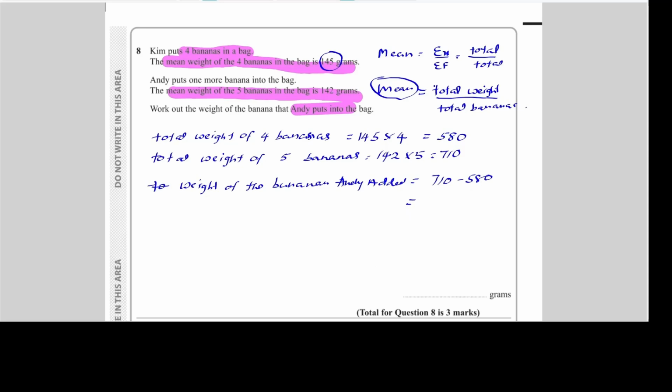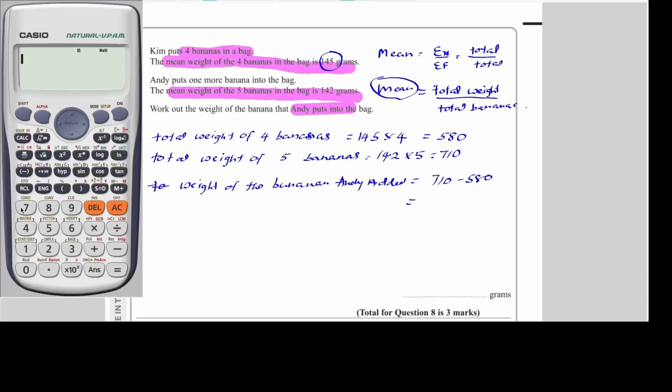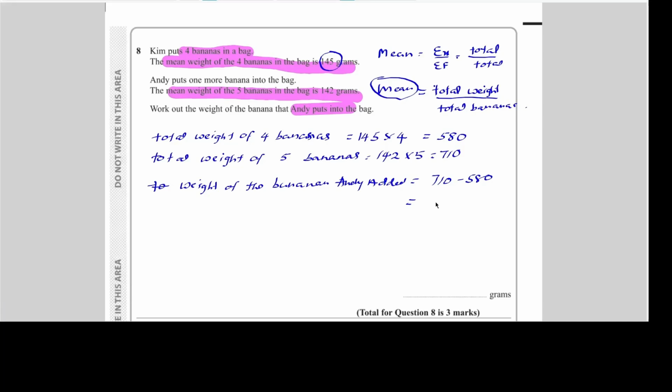Let's plug in the values. 710 minus 580. We are getting 130 grams. So the weight of the fifth banana equals 130 grams.